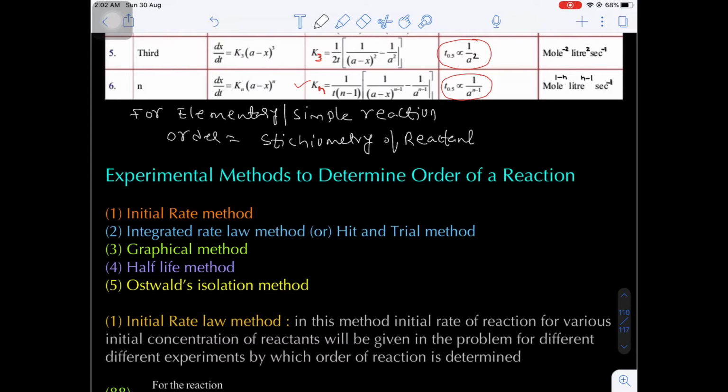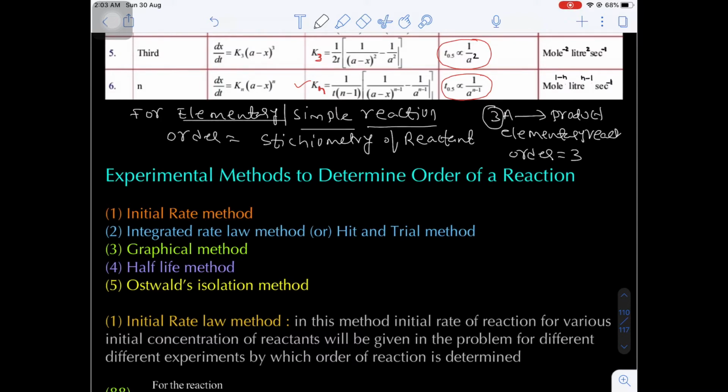Suppose 3A gives product is given in the question and it is an elementary reaction. Then immediately we can say the order of the reaction is equal to 3, because the stoichiometry will correspond to the order of reaction. Remember, only in case of elementary reaction or simple reaction.